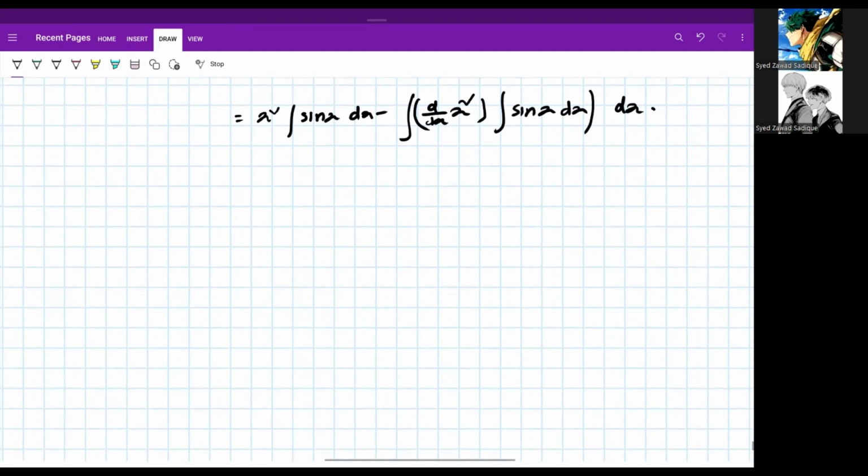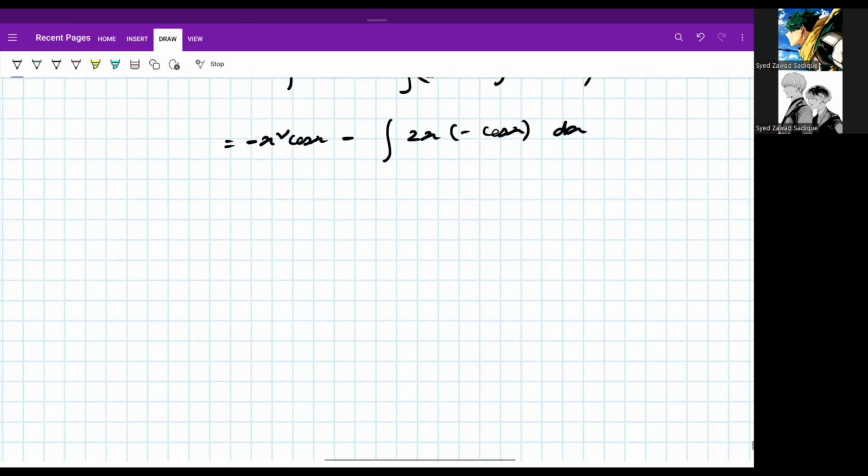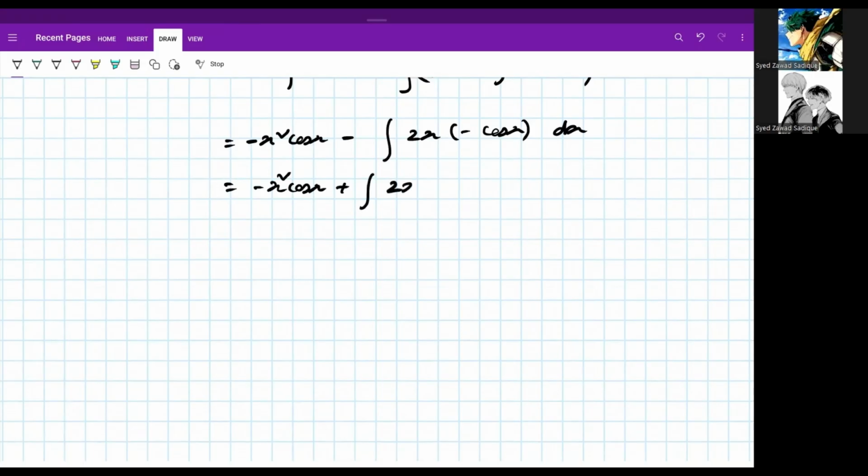Then we get minus x squared cos x minus the integral of 2x times minus cos x dx. What we can do is take the minus forward. So x squared cos x plus the integral of 2x cos x.